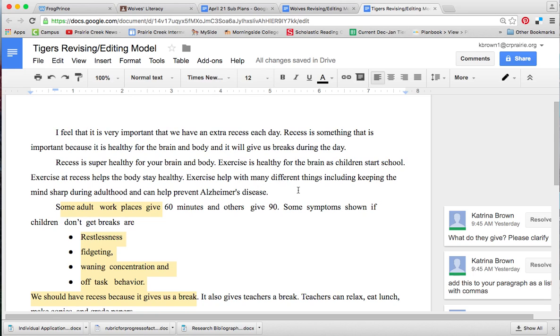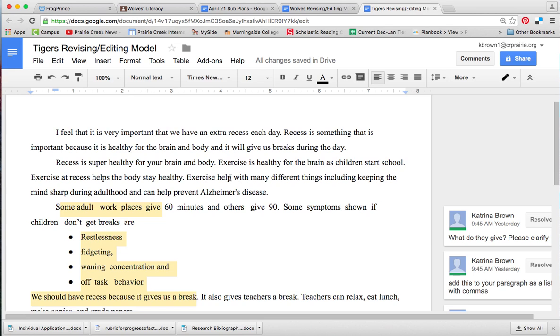Now, some people might look at this and go, but Mrs. Brown, I went from 6 sentences to 3 sentences. That may be, but as you look at this, this paragraph makes much more sense and is much clearer to the reader. Exercise is super healthy for your brain and body. Exercise is healthy for the brain as children start school. Exercise at recess helps the body stay healthy.